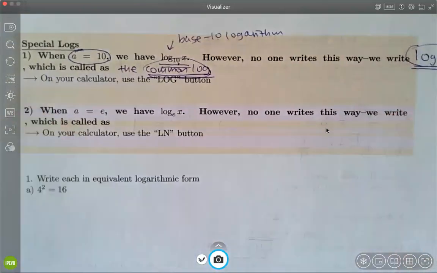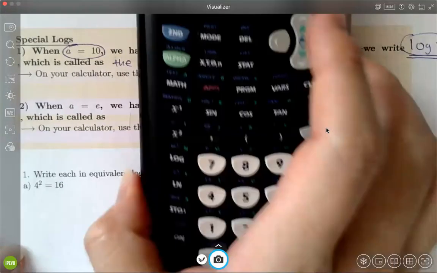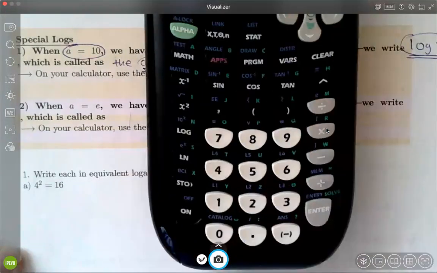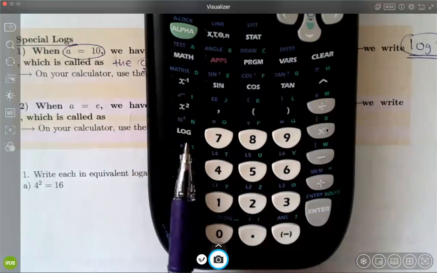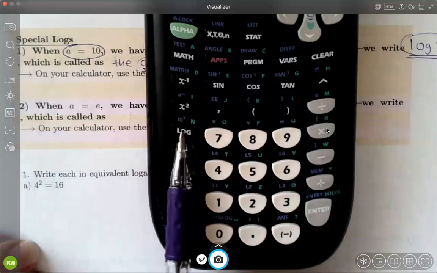Let me grab this calculator. So where is the common log? Right above ln, you will see this log, and this is the common log. And you can see why. Right above this log, you will see 10 to the power x.